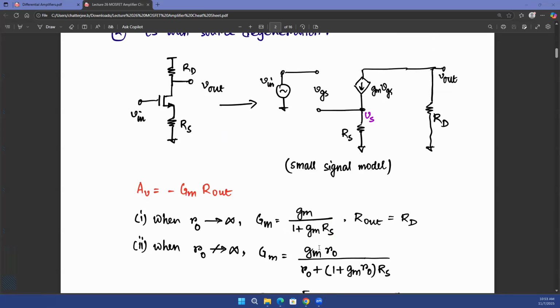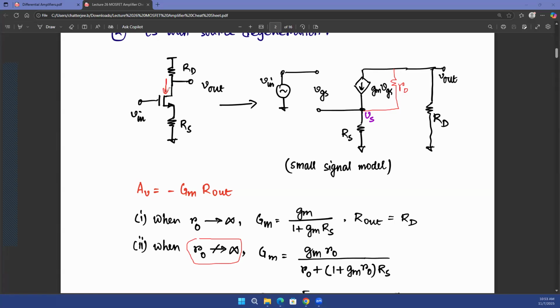But we have also done this equation, I think, 2 lectures back, where we were looking into the resistance looking into the drain of the transistor if RO is not infinite. We have also proved that. Again, the proof is just a simple analysis using the small signal model. You draw the small signal model, but draw an RO in it, and solve for the voltages and currents to find out the resistance looking into the drain of the transistor.